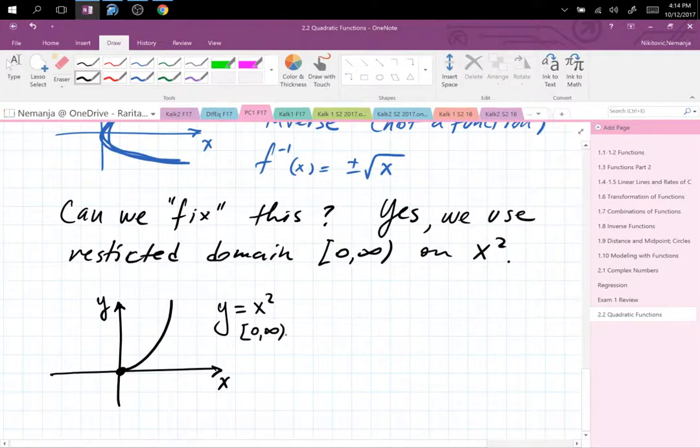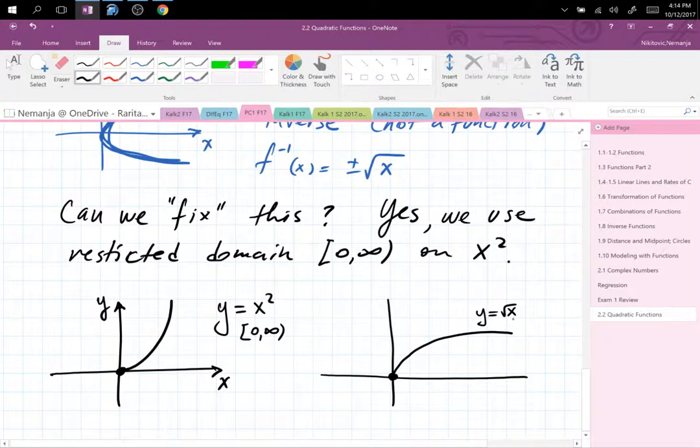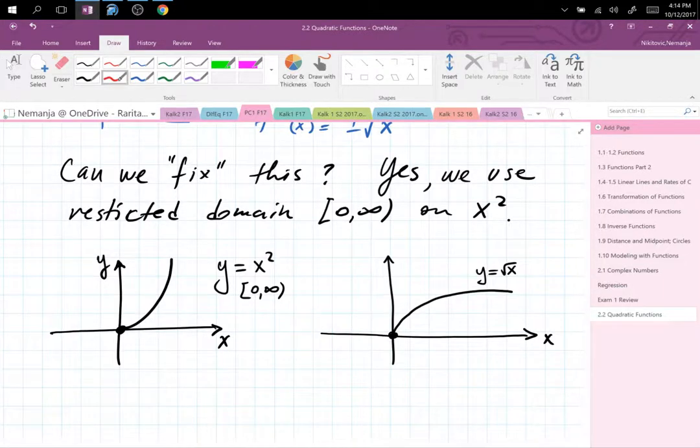When you do the inverse function on it, because it passes the horizontal line test, you just get this, which is y equals the square root of x. So this part over here is the function, and this is the inverse.